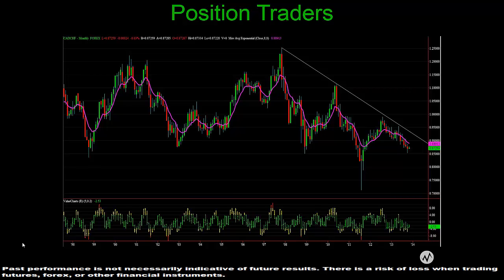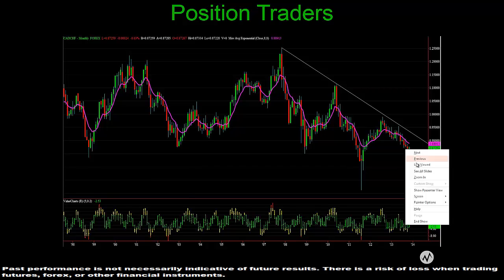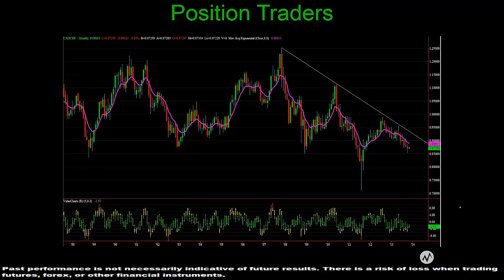Notice that the most recent low last month wasn't as low as the previous low, and we have a bullish candle forming right there. That's more bullish. We didn't make a new low from that previous low. We didn't beat this low here, so we could possibly be coming out of that downtrend. It's hard to say, though.